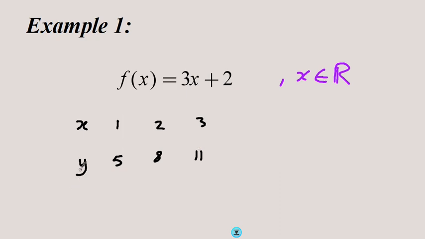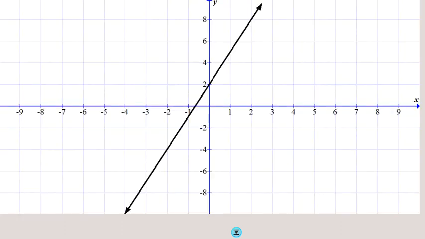Now, note that I used y here. Keep in mind that it is also f of x. And this is, again, y, which is f of x. And you've seen that before. You've seen that when you drew straight lines in grade 8. So if we take those values and we plot them on a pair of Cartesian coordinates, we get this line.